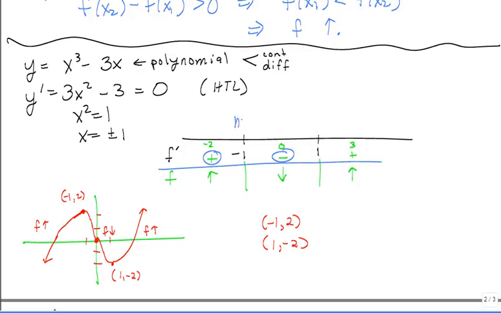This point is a local max. And then decreasing to increasing, or positive, it's a local min. And you can see that on the graph. This is where you have horizontal tangent lines. Here you have a local max. Here you have a local min, decreasing, then increasing.